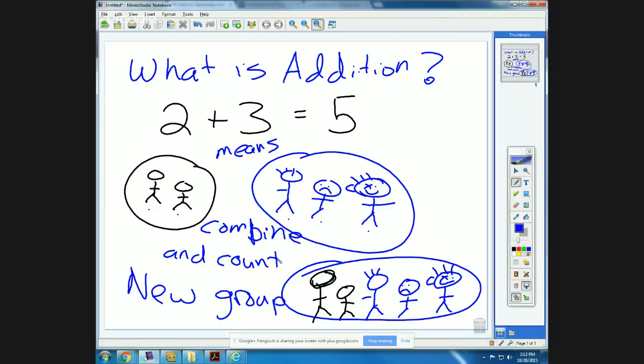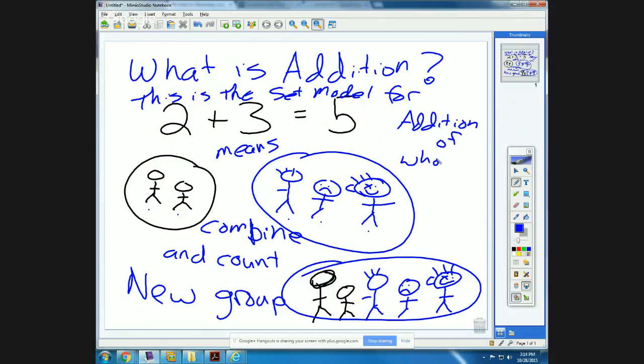And so what I'm doing here is I'm modeling addition, and we call this the set model for addition. And in particular, I'm adding whole numbers here.